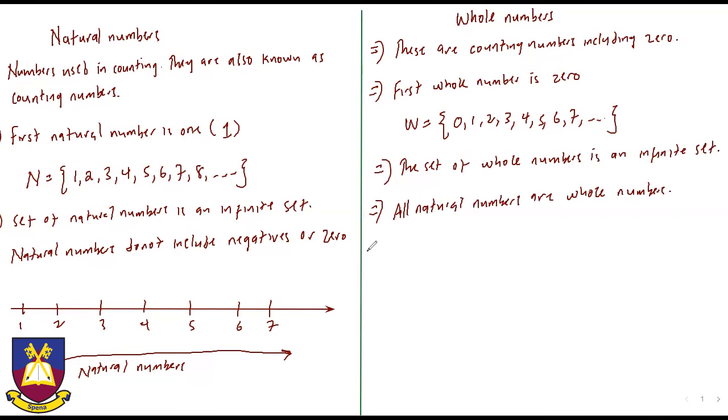However, not all whole numbers are natural numbers. We can see that 0 is a whole number, but it's not a natural number. In fact, 0 is the only whole number that is not a natural number. So whole numbers start from 0, natural numbers start from 1. That should be understood very clearly.